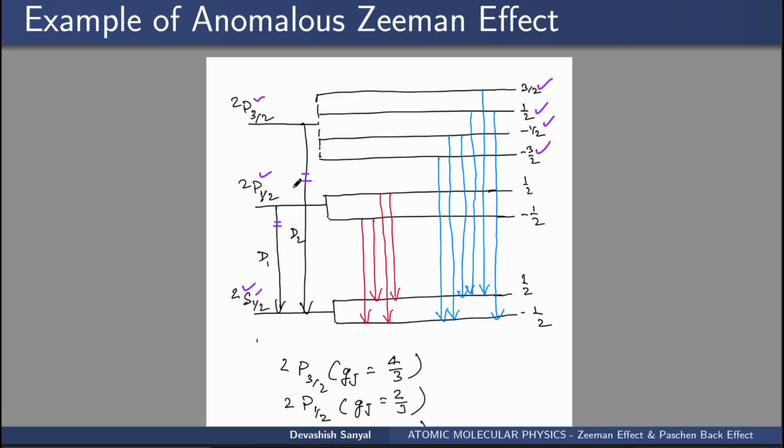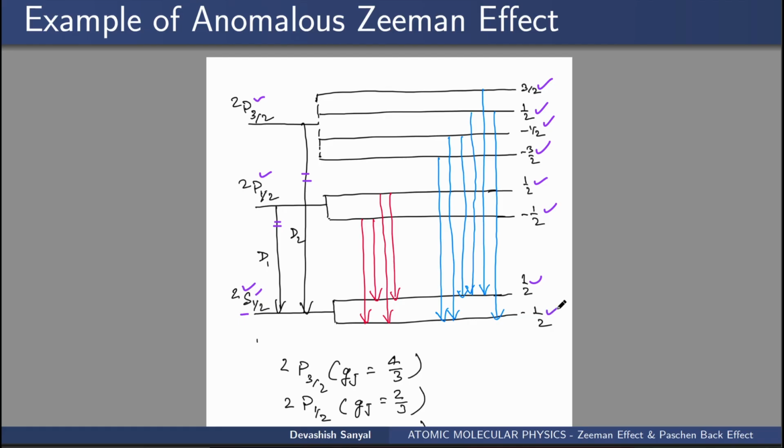For 2p 1/2, the energy level is shifted according to the z component of m_j, so here it will be 1/2 and minus 1/2. And for 2s 1/2, the j quantum number is 1/2, so we have the two values, plus 1/2 and minus 1/2.